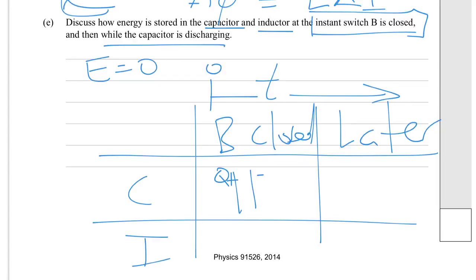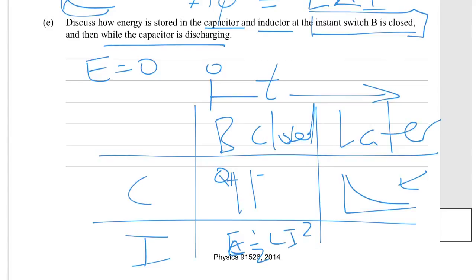Later, the energy, since it's half QV, is going to decrease as the charge and the voltage stored on there decreases, so the energy has to decrease also. That's not necessarily the best graph to use to show that, but it's going to be less. With the inductor, initially the rate of change of current is, this is energy, half Li squared is the energy formula.